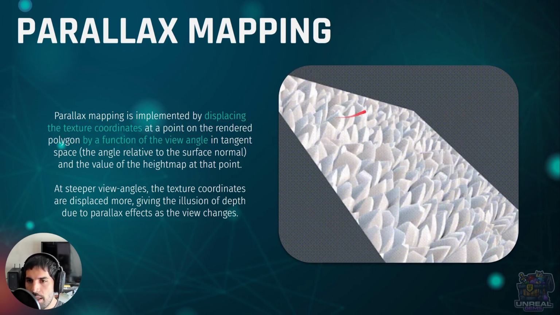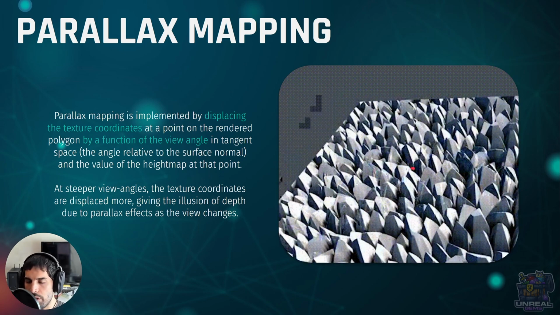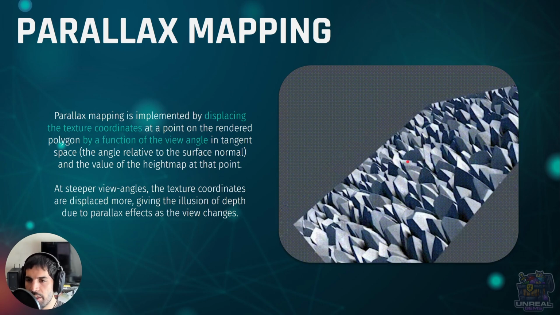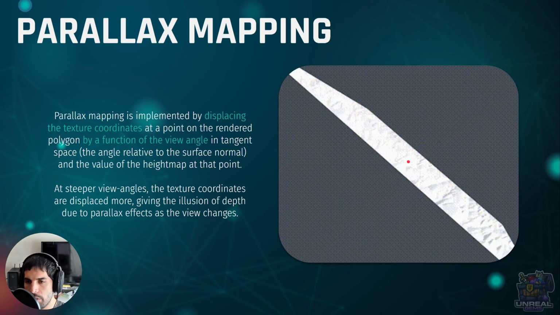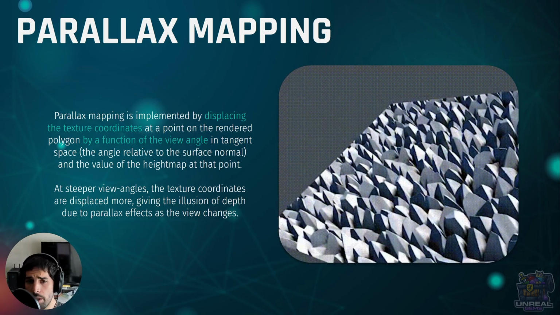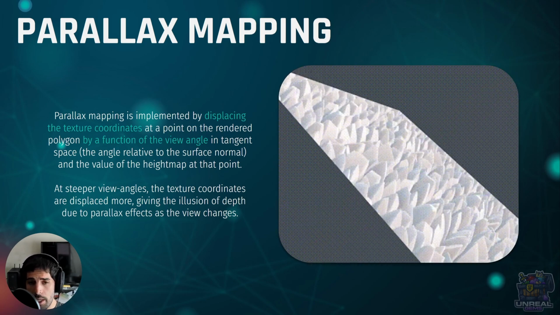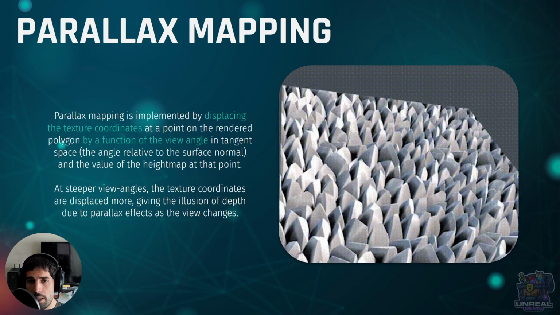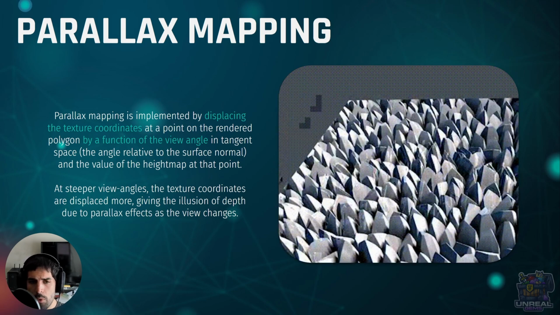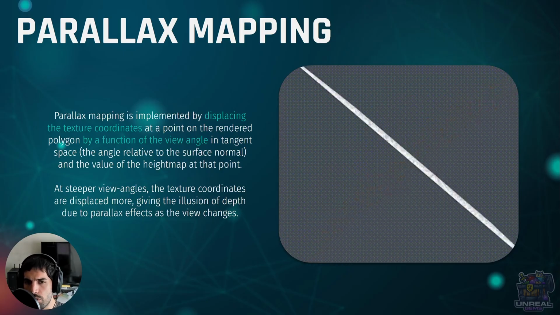You can see that as the view angle gets more extreme, it has similar problems to the normal maps because the effect starts fading out and it doesn't look good. So with normal maps, we are able to change the angle of the surface normal, and with height maps and parallax mapping, we are able to provide more depth and create the illusion of depth.